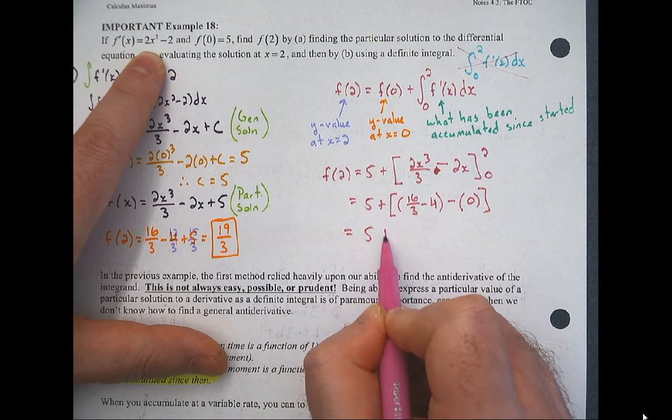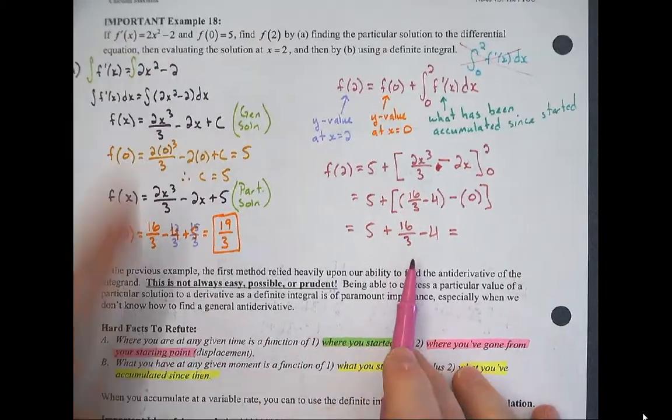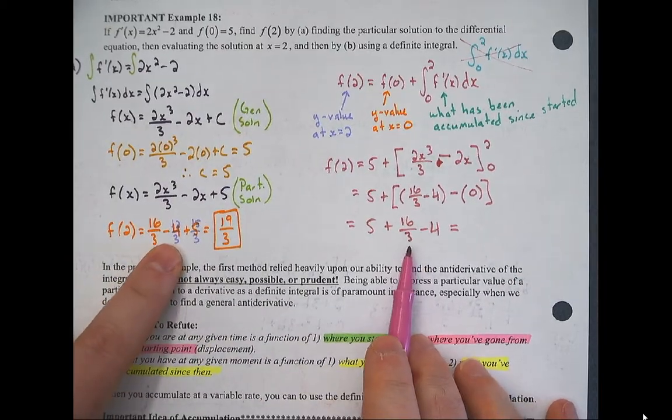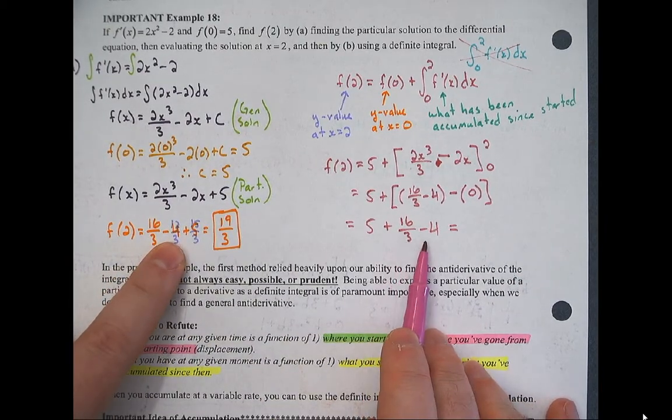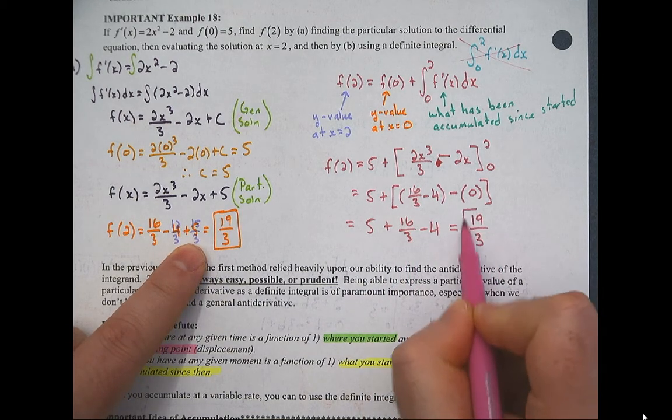And I get 5 plus 16/3 minus 4, which we already, look, it's the exact same numbers. There's my 16/3, there's my -4, there's my plus 5. This ends up also being 19/3.